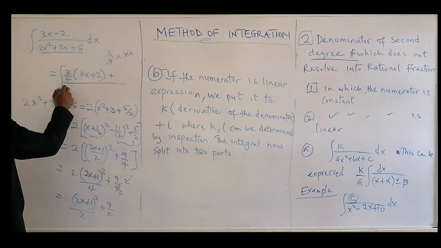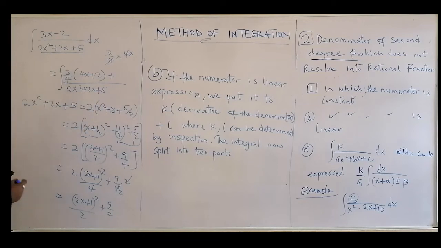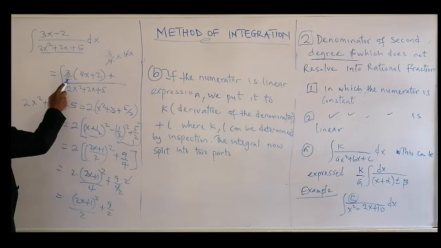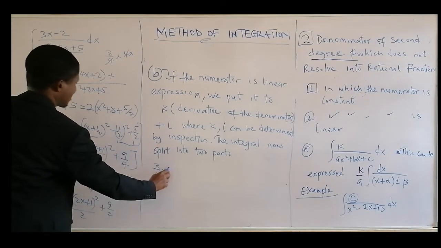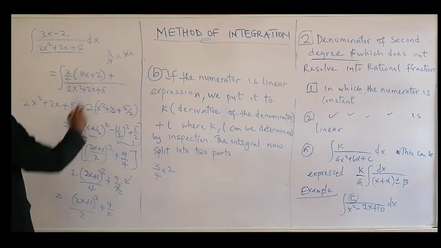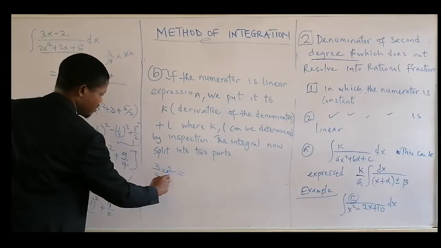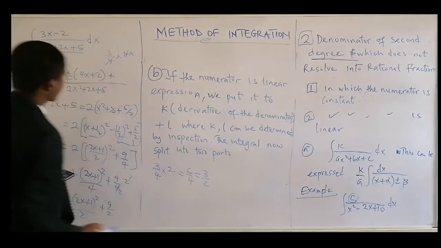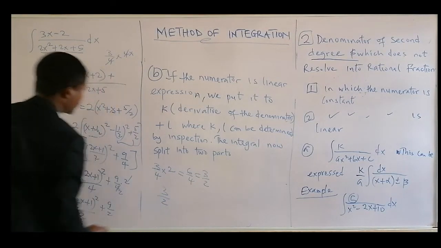This one will be equal to 2x squared plus 2x plus 5. So we now do something here. We've gotten the first one as 3x, but we are still having 3 over 4 times 2. We want to get the L. Okay, so that's 6 over 4, which is 3 over 2.